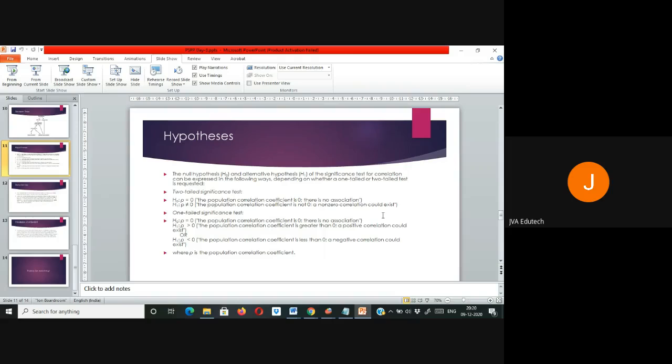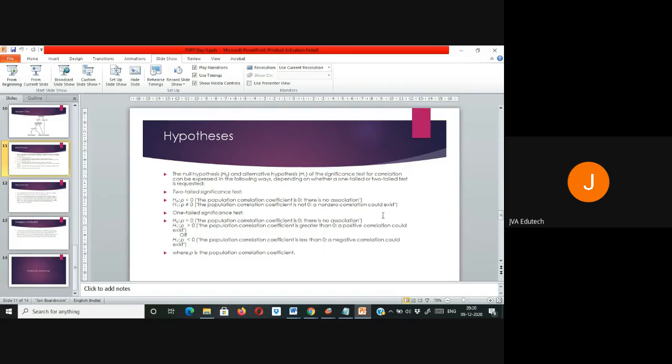The hypotheses are that we can have a two-tailed hypothesis and a one-tailed hypothesis. The two-tailed null hypothesis says that the population correlation coefficient is zero, that is, there is no association, and the alternate says that the population correlation coefficient is not zero, that is, there exists a correlation between the two variables.